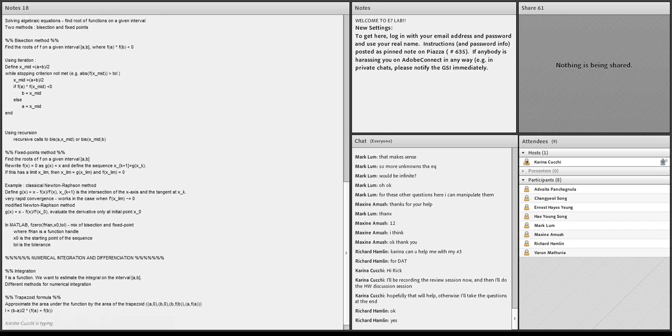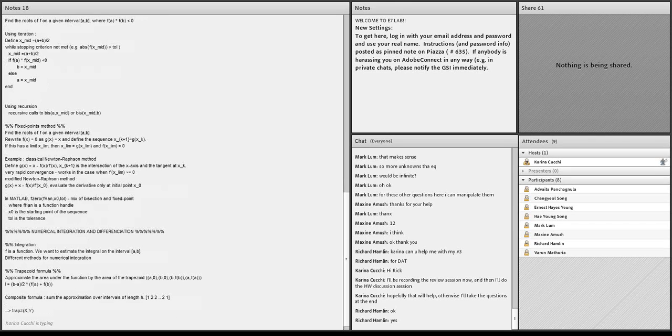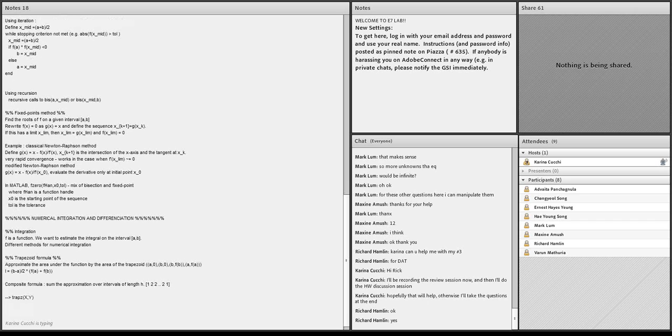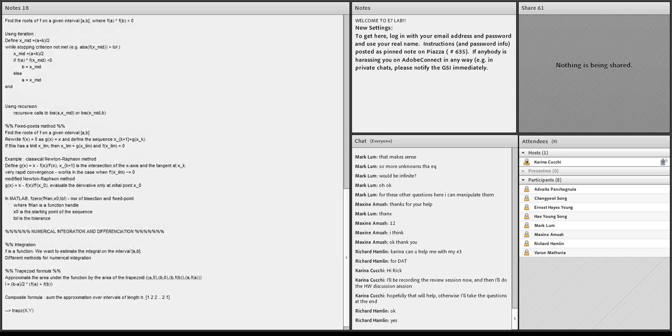So you have a MATLAB function that can directly compute the trapezoid approximation for the integral, and this is the function trapz, and trapz takes two arguments, x and y, corresponding to the x values and y values.